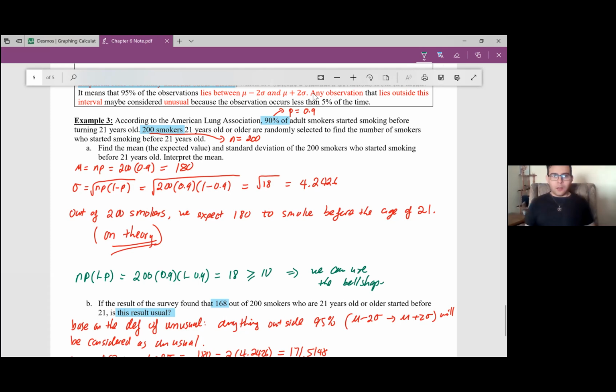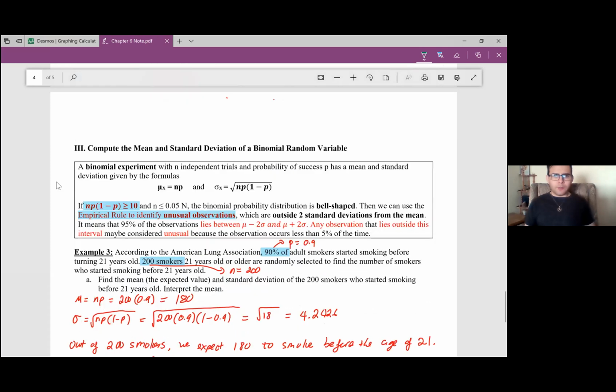Okay. And then the second qualification, if little n is, I think it was less than or equal to 0.05 big N, what is little n and big N? I'm asking you. Oh, I don't know. Okay, what does little n stand for, Grayson? Number? No. Can anyone help Grayson now?